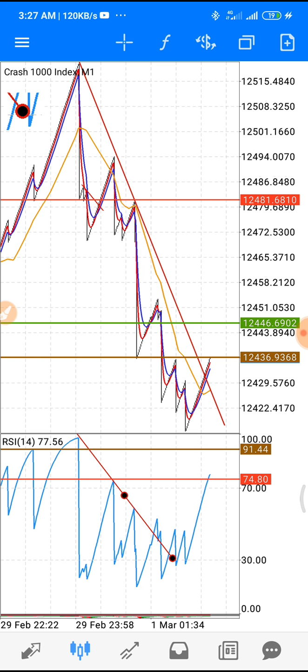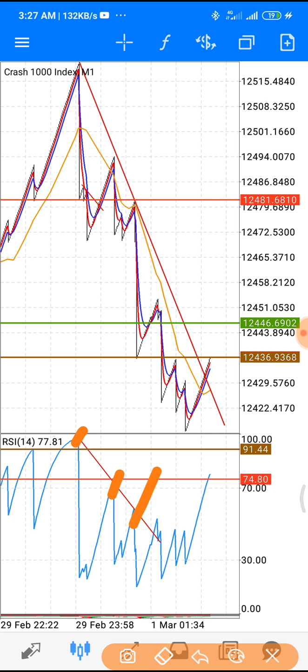Do you see that? So this resistance was joined to this resistance. So I used that one to catch this spike, and I think it's this long one. I used it to catch this long one. Can you see?